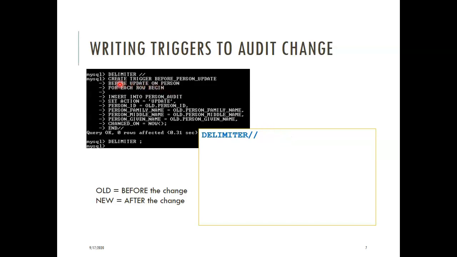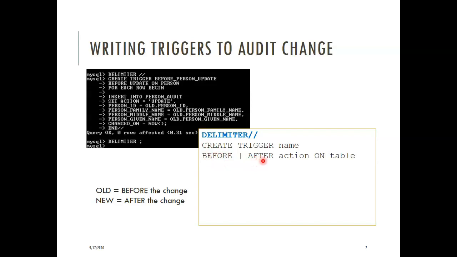So the next row then is the create statement, where we're creating the trigger, and then the name of the trigger. Note the naming convention here, the fire point before or after, the table that's being monitored, here in our case person, and then the action based on which the trigger is being fired, namely update. In the next row, we specify when exactly the trigger is supposed to fire.